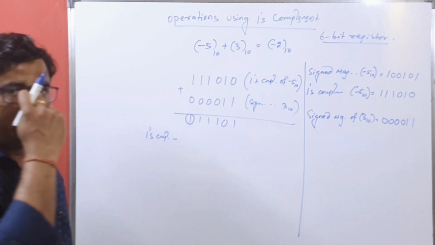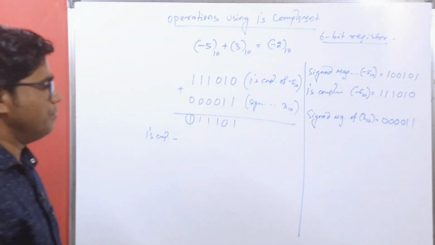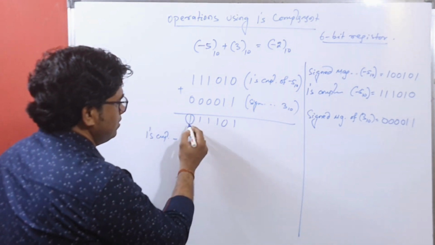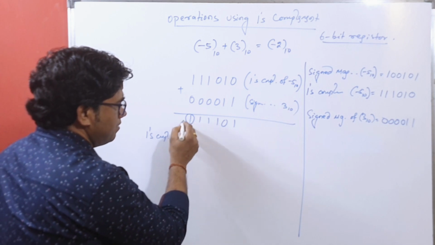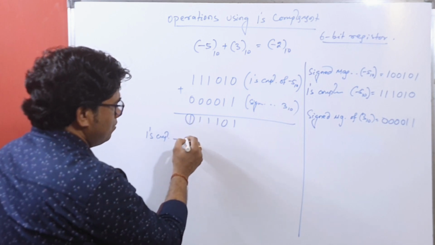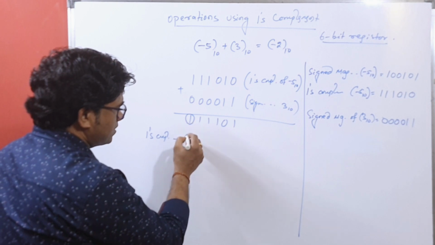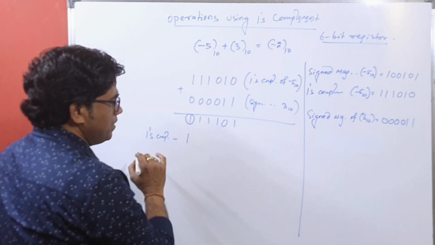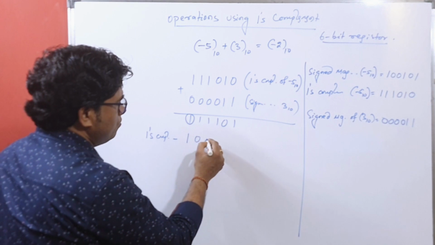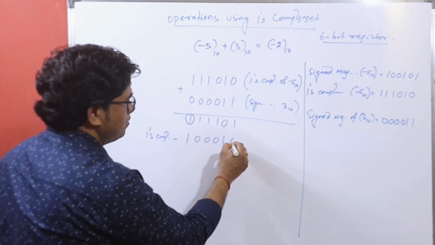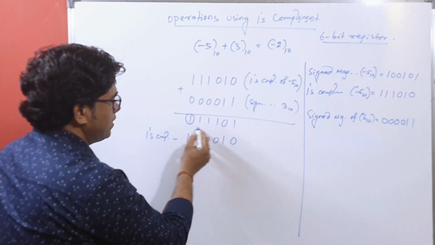This is one rule in 1's complement. As it is the sign bit, you cannot find the 1's complement of the 1 here. So simply place 1 here, and then 0 0 0 1 0. Now this is your final result.